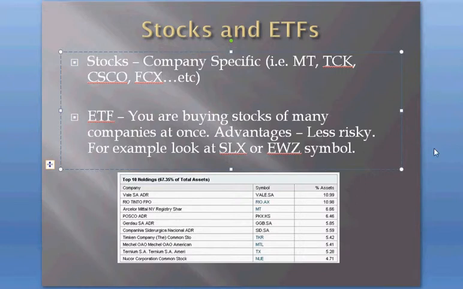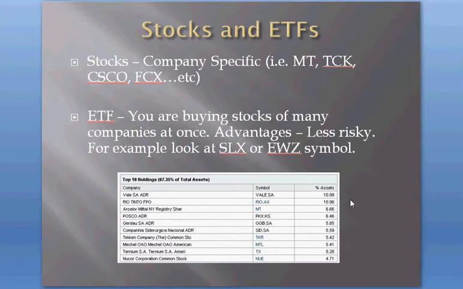ETFs are usually a group of stocks. An ETF holds a lot of companies. For example, SLX. If you look at SLX, the major holdings of that ETF are Vale, Rio Tinto, ArcelorMittal, and so on, and this is their percentage allocation.